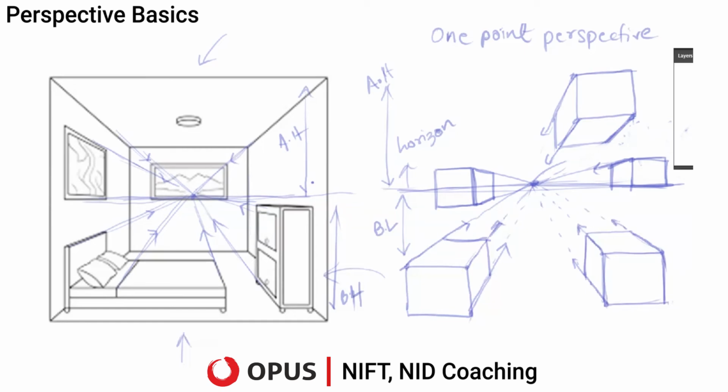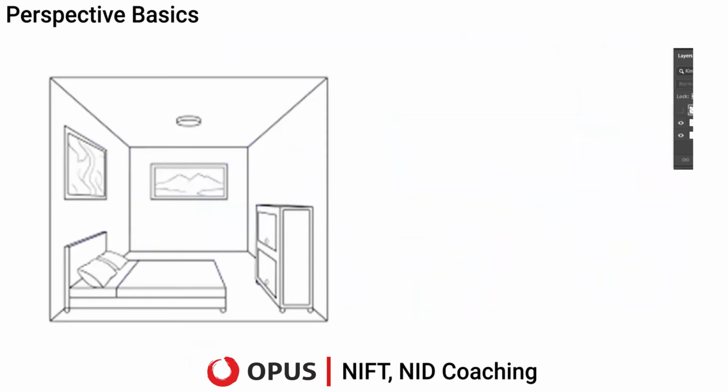So let's get all the sketches out of the canvas and set a new blank canvas, blank space where we will draw to understand, if you have to draw on paper with a pencil, how to start.